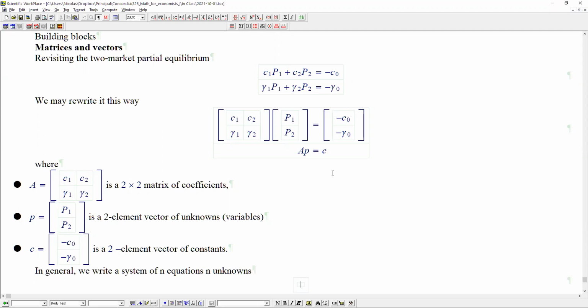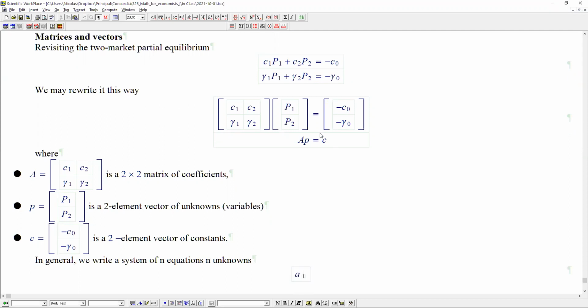So I can have A11 x1 plus A12 x2 plus ... plus A1n xn equals, let's say, D1. This would be my first equation.